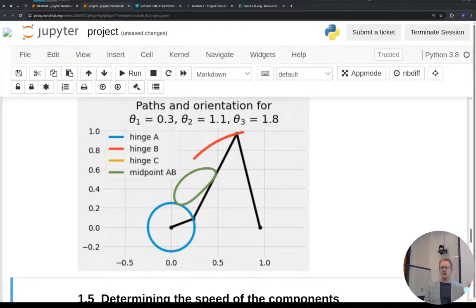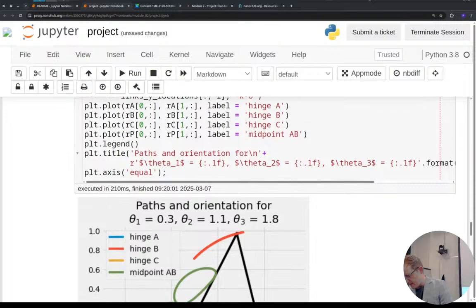And now I can look at what this thing looked like at any point in time. The red curve shows my rocker arm, the blue curve shows the crank arm moving around in a circle, and the green is the midpoint between A and B, following that one around.